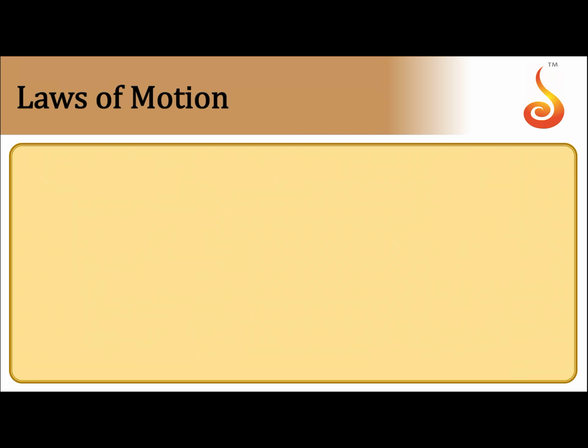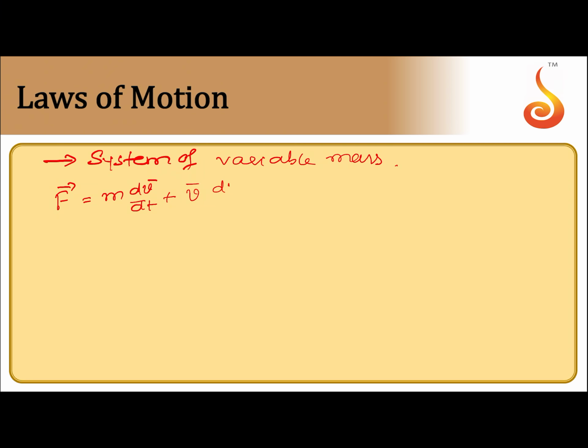Before I take up different cases corresponding to motion of a block, let us take up one more case of Newton's laws of motion, that is system of variable mass. We had learnt that force is given by m dv by dt plus v dm divided by dt.